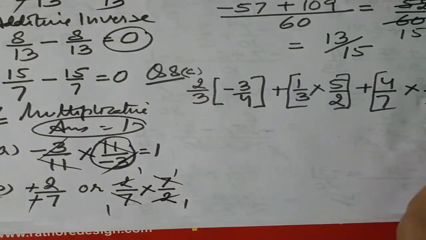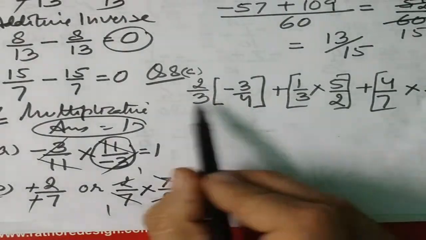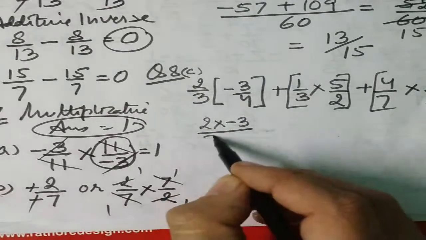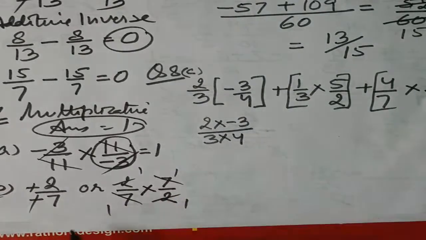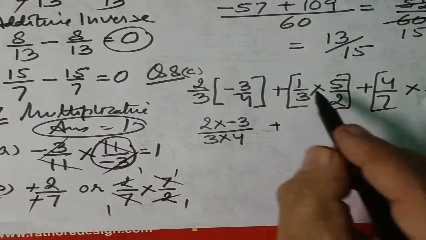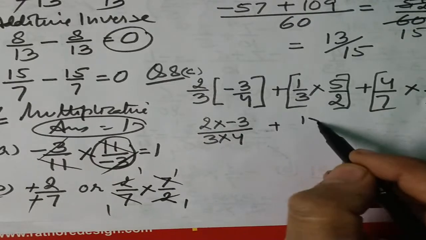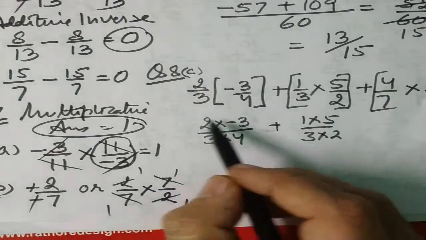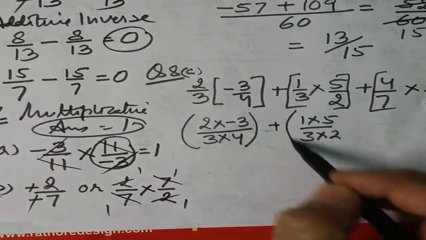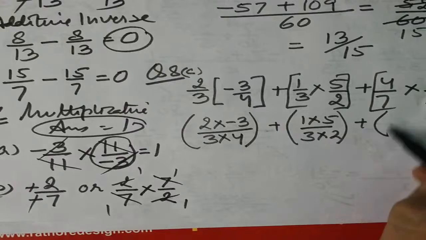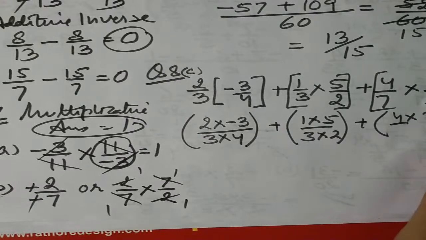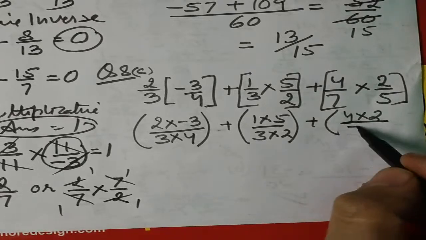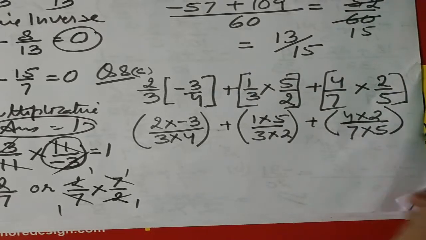First get the answer of each product. This means product: 2 into minus 3, 3 into 4, then plus 1 into 5, 3 into 2, and plus 4 into 2, 7 into 5.